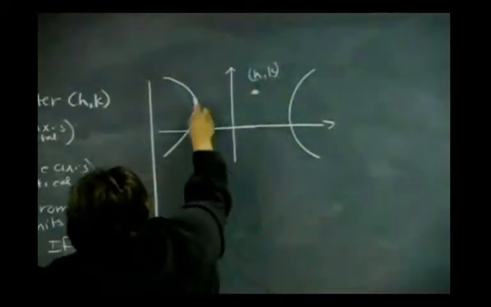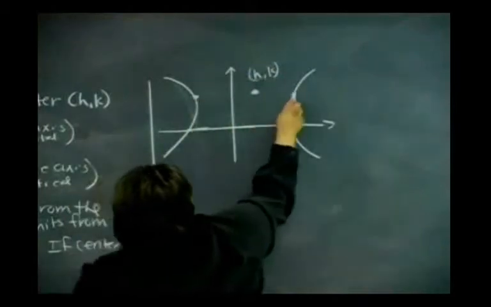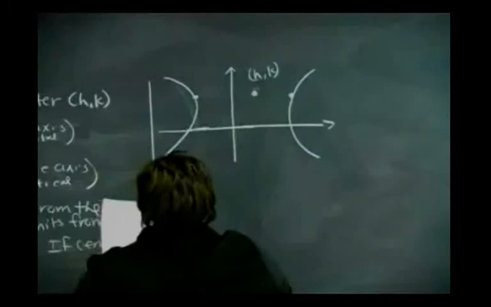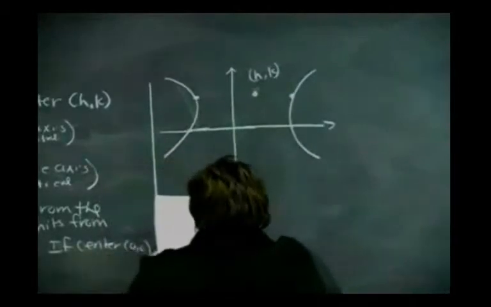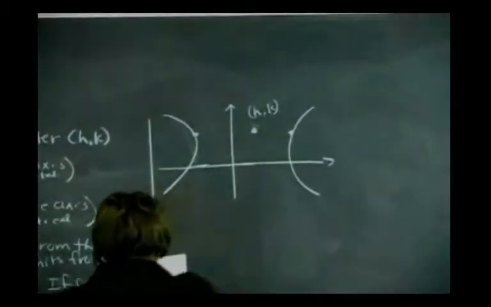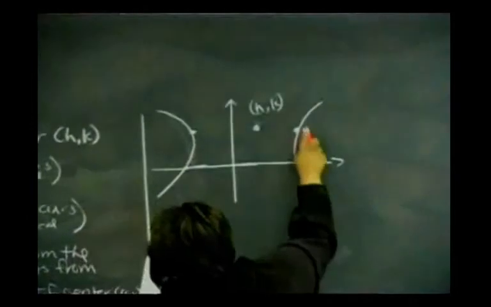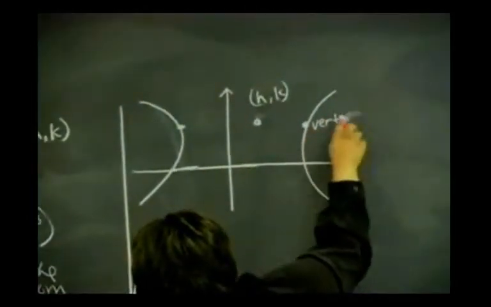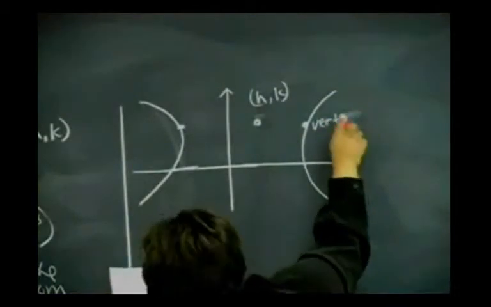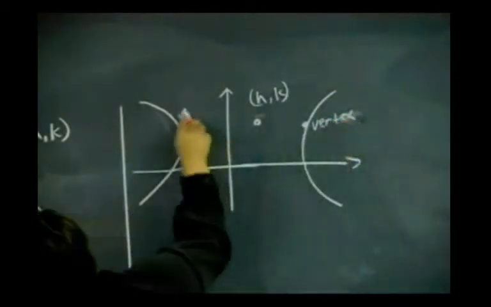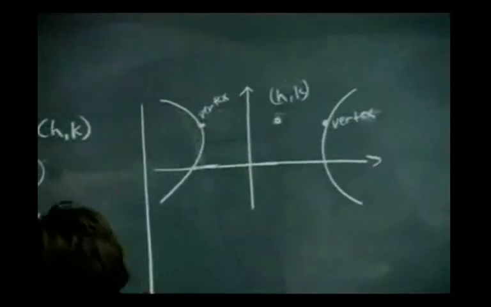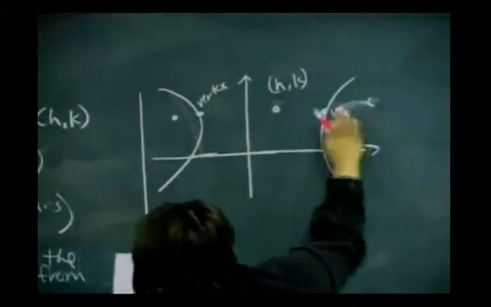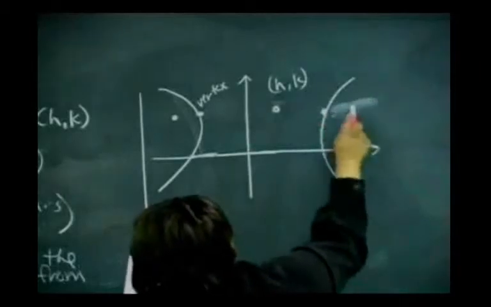These points on the line are the vertices. The foci are somewhere out here on the other side of each vertex.